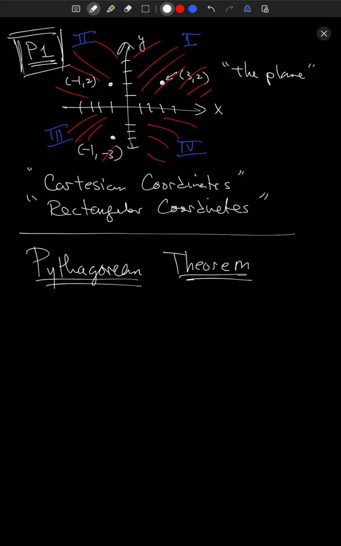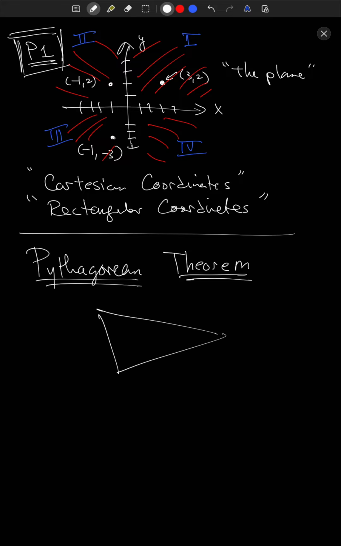We're pretty much going to justify every formula we see in this class, or justify every algorithm, justify every theorem. And again, pretty much all of them can be boiled down, all the way down at the bottom, to the Pythagorean theorem. So what does that say?